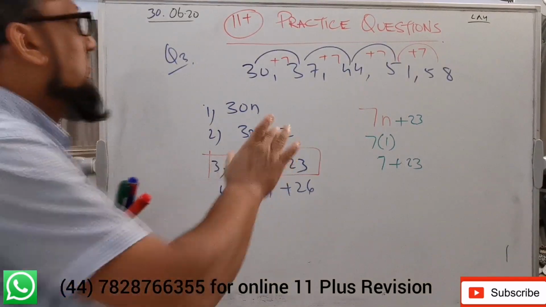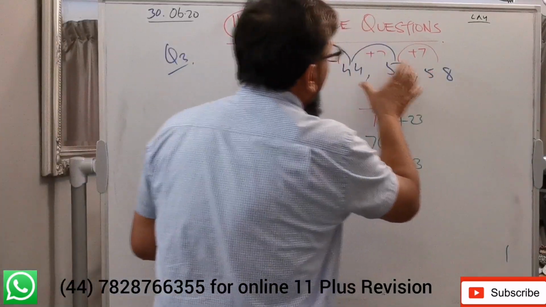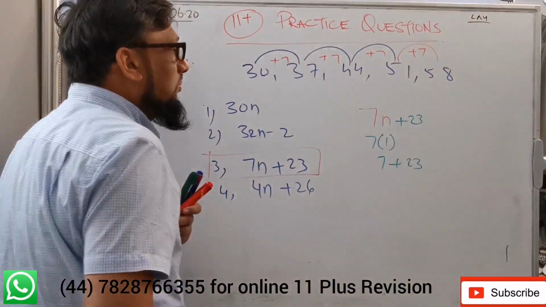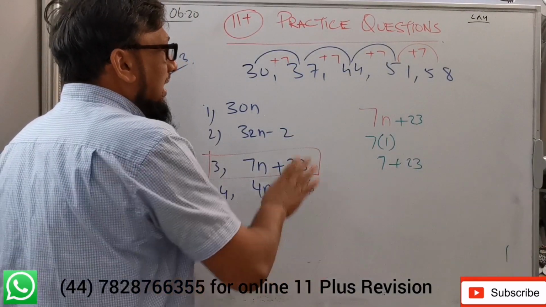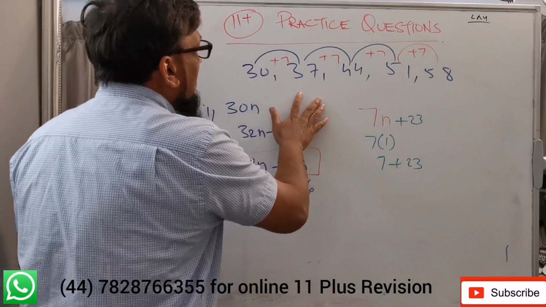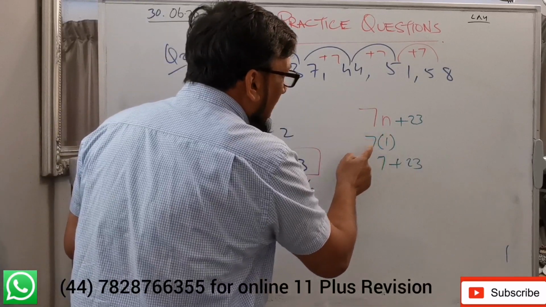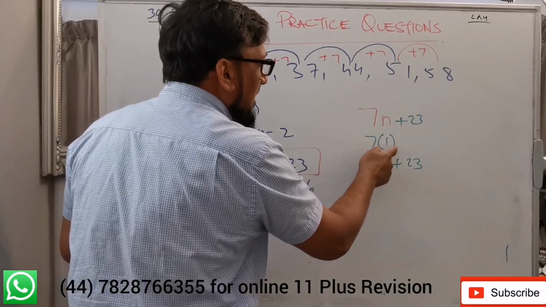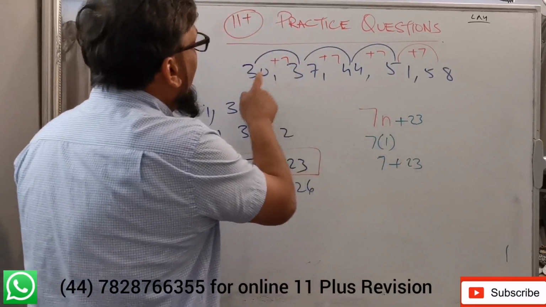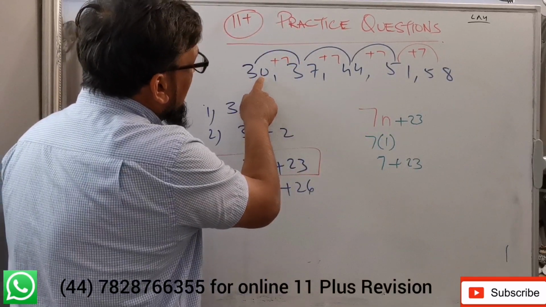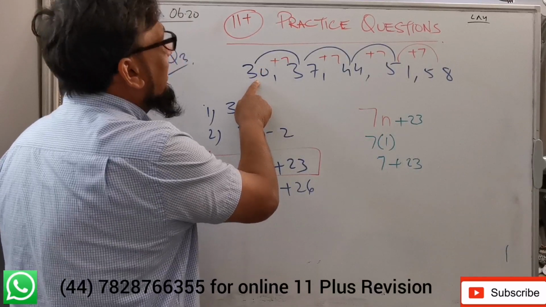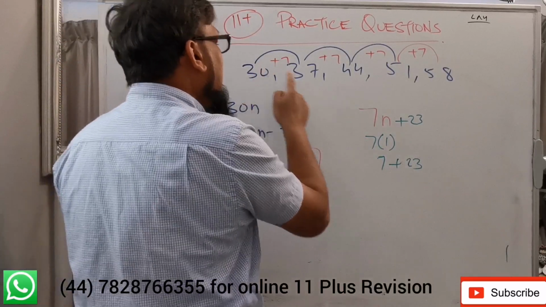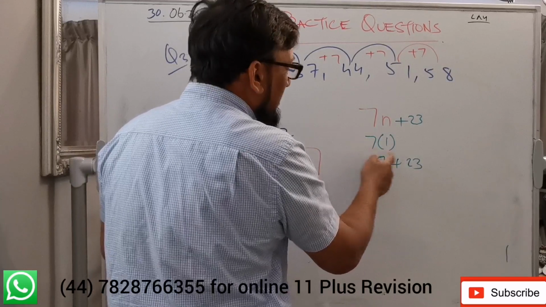So very simple. First you need to find the difference between two numbers, and after that you times by the first term, which is 1. So 7 times 1 is 7, and go back there and check the first term is 30. So 30 minus 7 is 23.